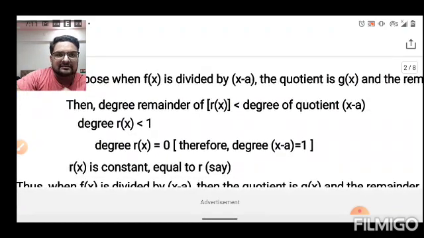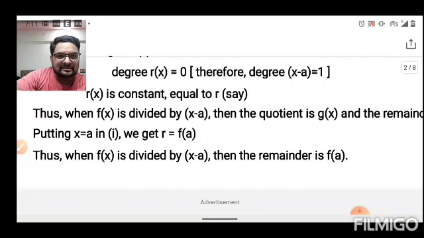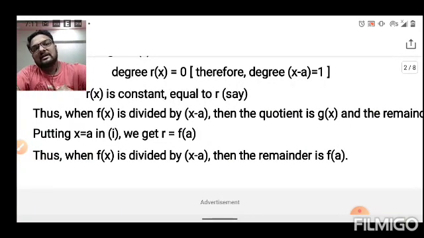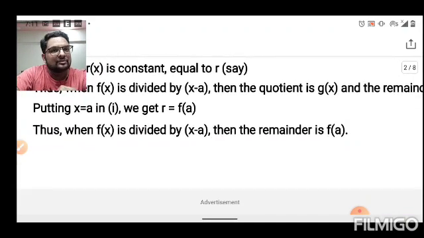In that case, r of x is a constant. Now we keep the value of x equal to a, and we finally get r equals f of a. Thus, when f of x is divided by x minus a, the remainder is f of a.